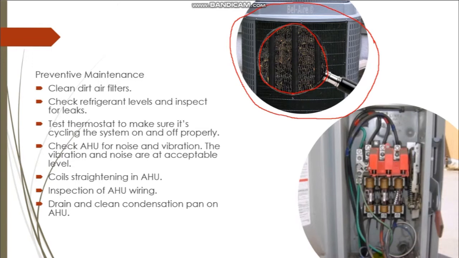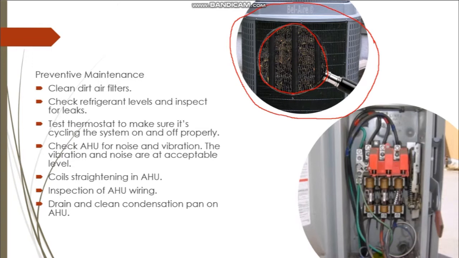So the step is the same as the previous slide, and for leak inspection, we can check the pressure. If we add refrigerant and the pressure is not going up, that means the coil is leaking.